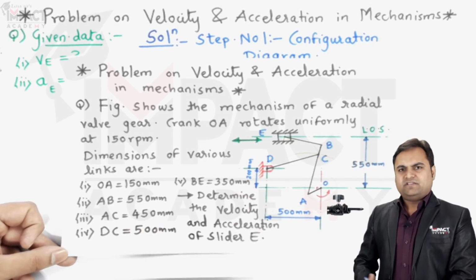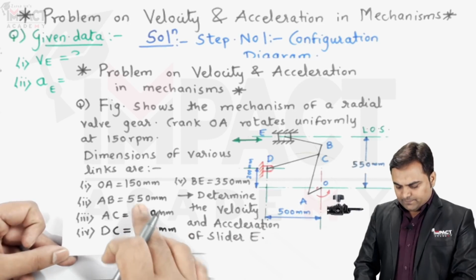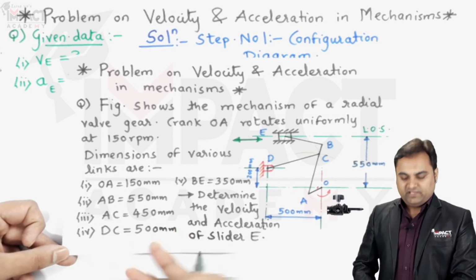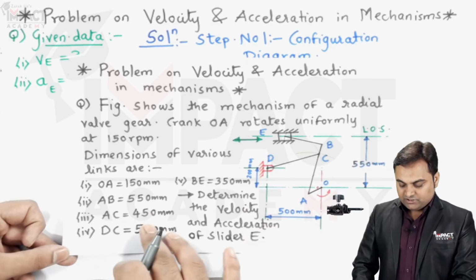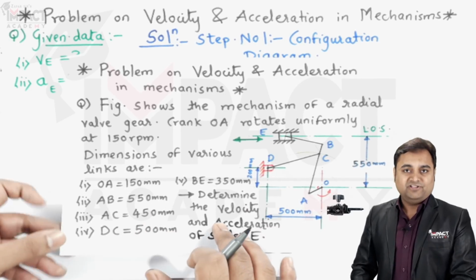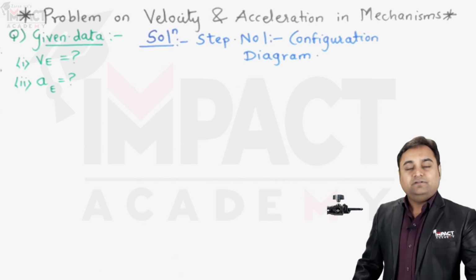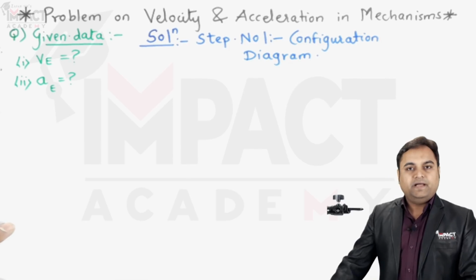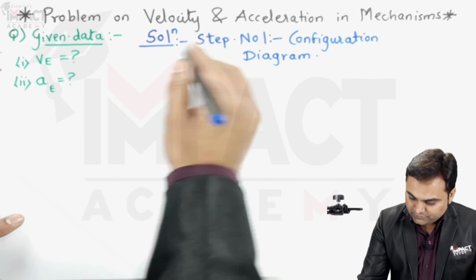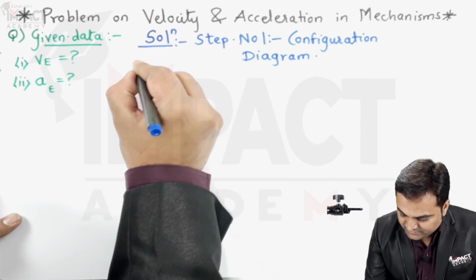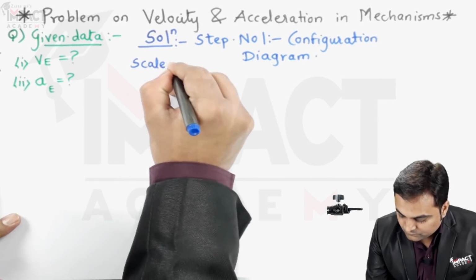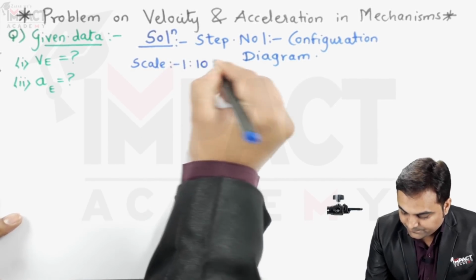You can take the scale anything, like you can make it in quarter scale or half scale. Here I am taking the dimensions and the scale in the form of 1:10. So whatever the dimensions are there, they would be reduced by or divided by 10. So in the configuration diagram, the scale is 1:10.